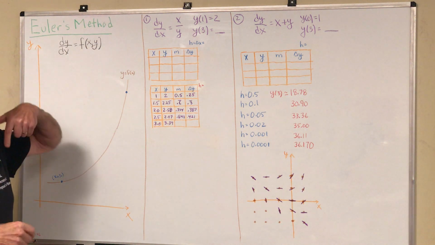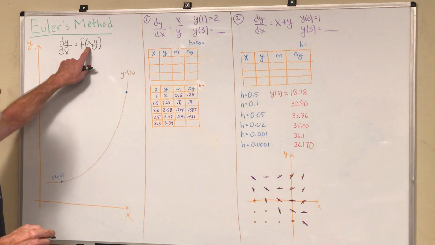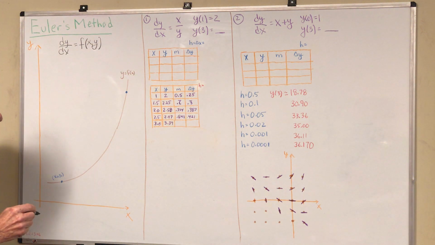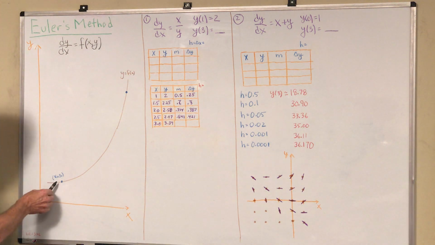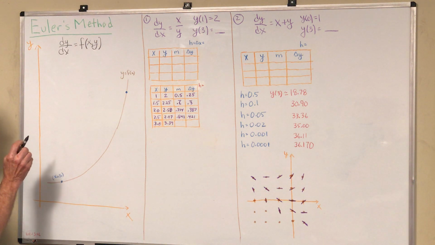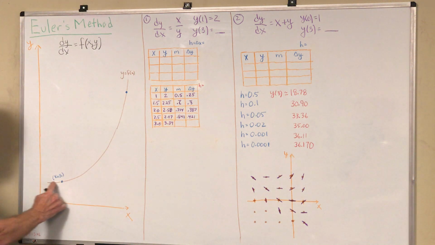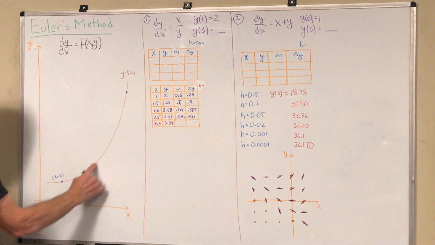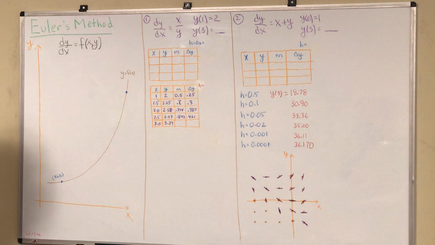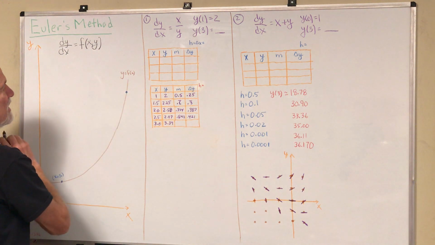It could just be a function of x, and then it's usually easier to solve, but sometimes it's a function of x and y, and we usually have some kind of initial condition, like (x sub 0, y sub 0) is on the solution. So say the solution we're really looking for is this curve, but we don't know that that's the solution. And we wanted to approximate another point over here.